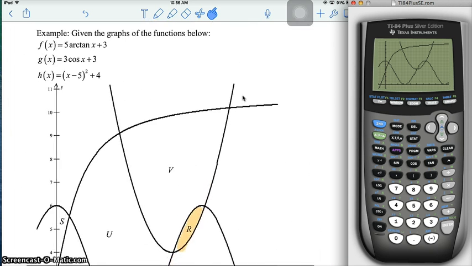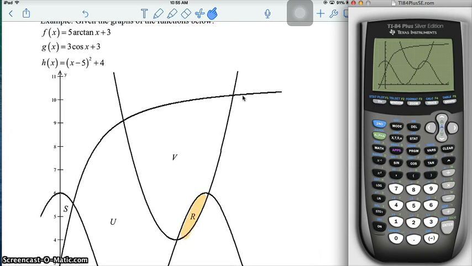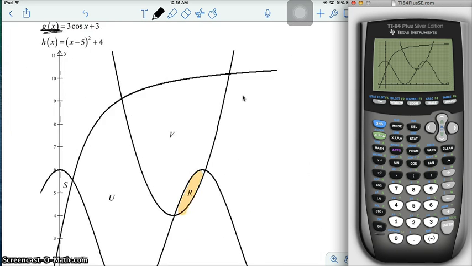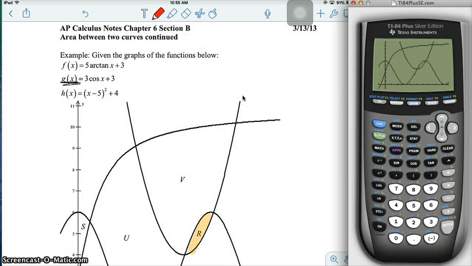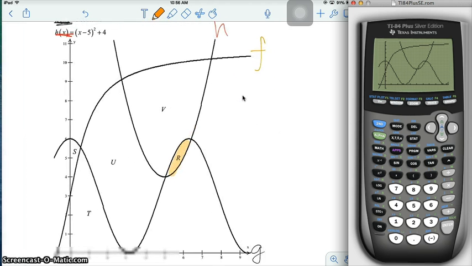The cosine graph would be this one, which is easy to determine. Let's say that's black, so that one would be the cosine graph G. We also know this is a parabola, so let's call that H. And therefore the remaining one will be our F. Fairly straightforward: F, G, and H.